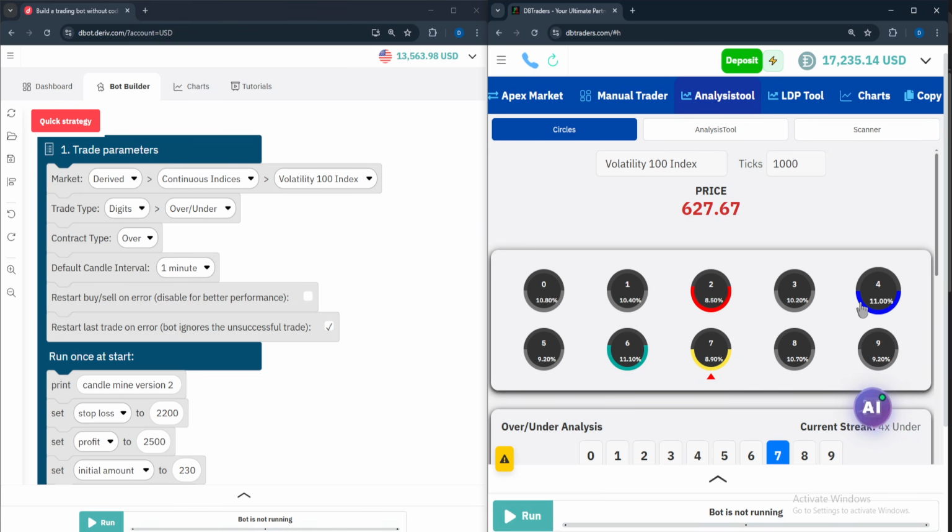I repeat, ensure 8 is more than 10.7. So 8 can be 10.7, 10.8, 10.9, 11.0 going up. As long as it is more than 10.7, you are safe. And you have to ensure 7 is below 10.5%. 7 below 10.5, 8 above 10.7, 9 above 12.5.